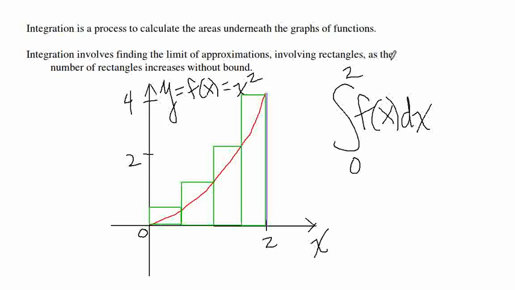Okay? So when we put numbers like that, then this is referred to as a definite integral. And now we're interested in calculating an area, not calculating an antiderivative. Okay? So for this specific function, of course, we would replace the f of x with x squared, and it would look like that. Okay?